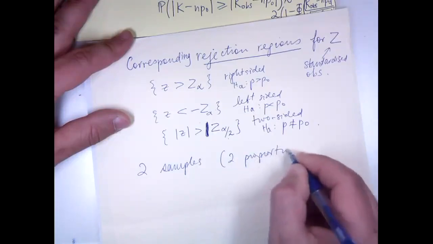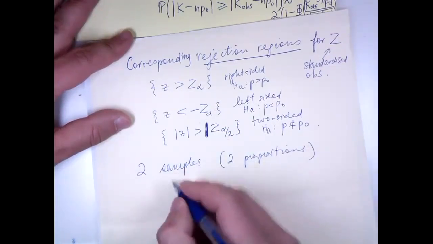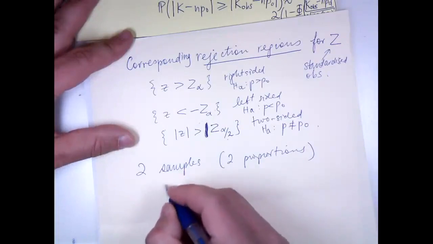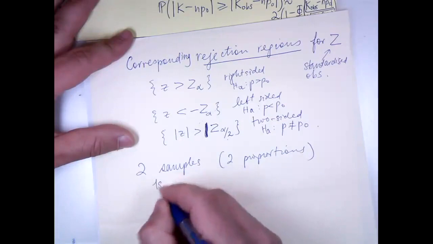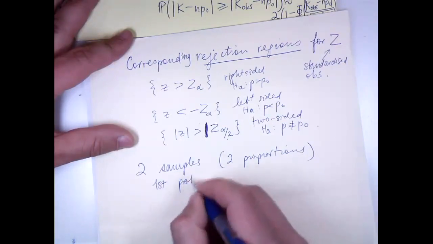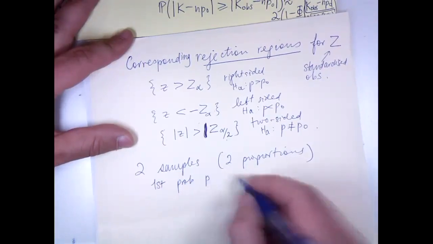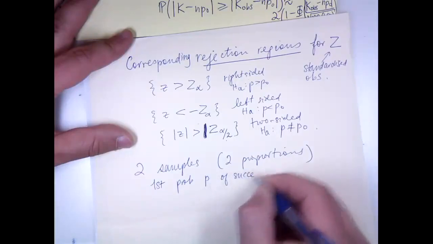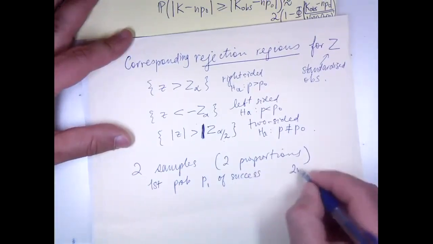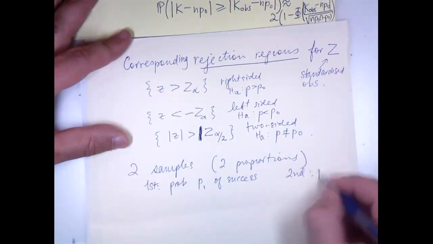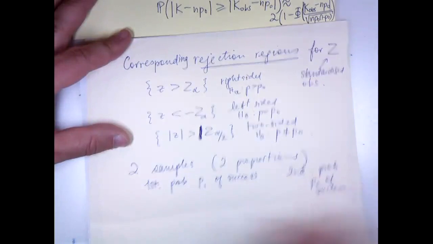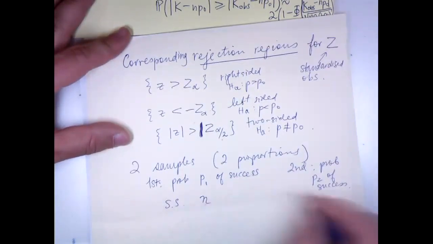Just to remind you of the setup here, the first sample has probability P1 of success, and the second sample has probability P2 of success, and they don't have to have the same sample size: n and m.